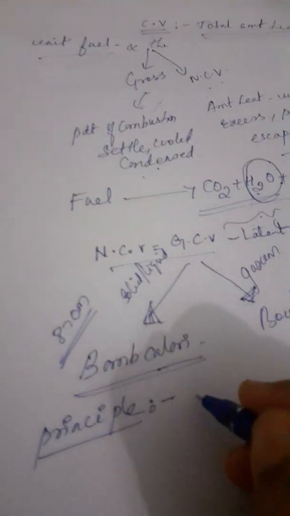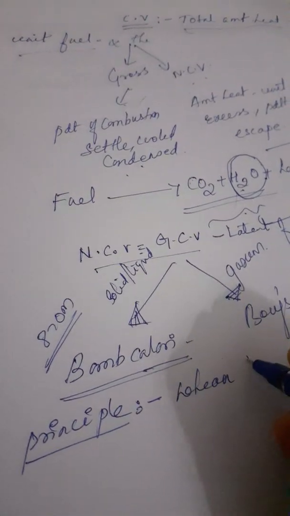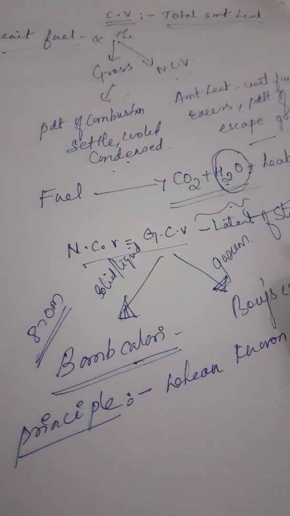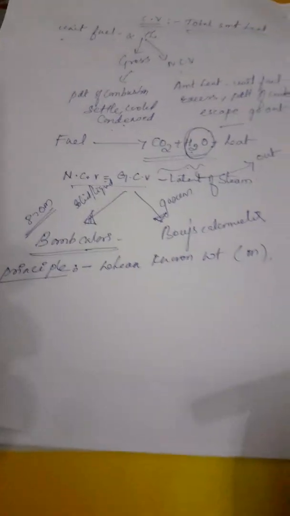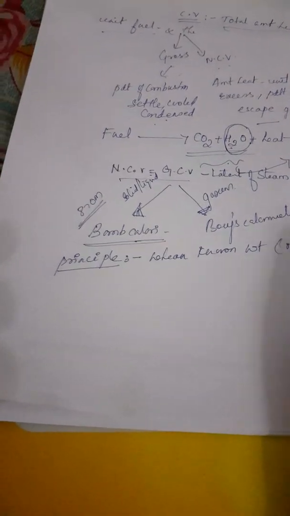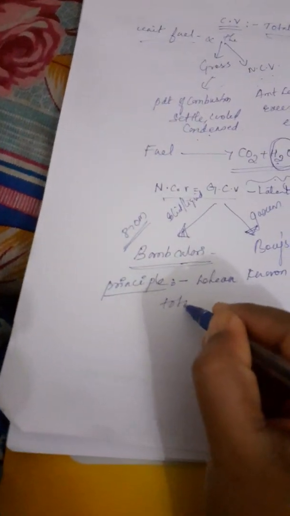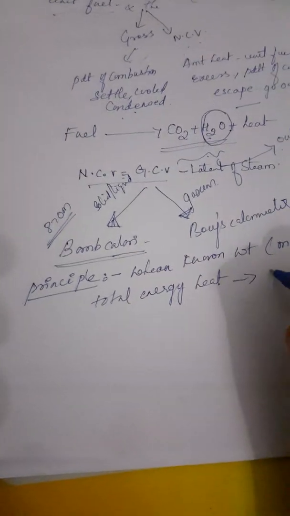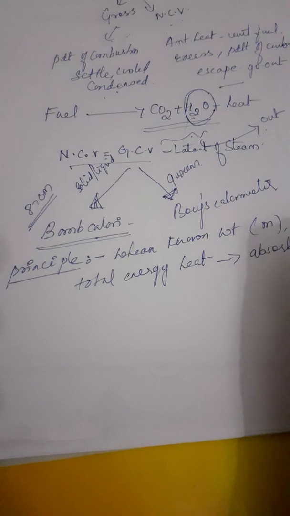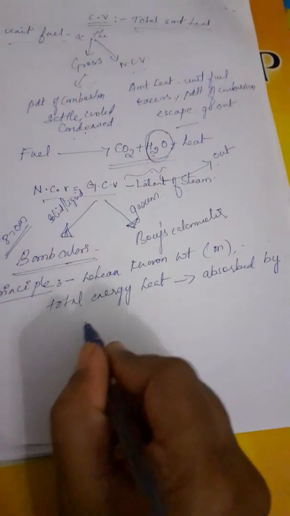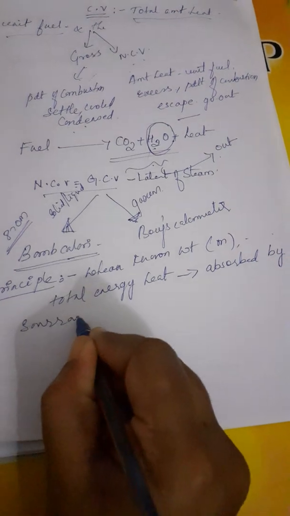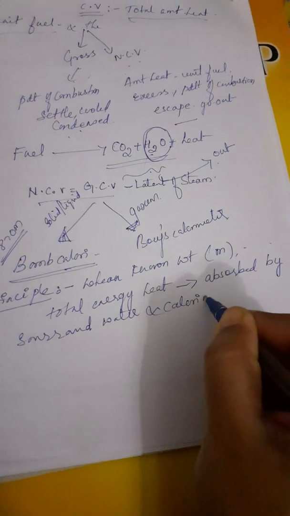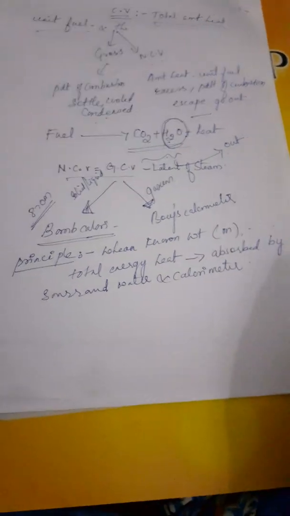When a known weight of fuel, suppose the known weight is m, is burnt in excess of air or oxygen, the total amount of heat energy released will be absorbed by the surrounding water present in the calorimeter and the copper calorimeter.